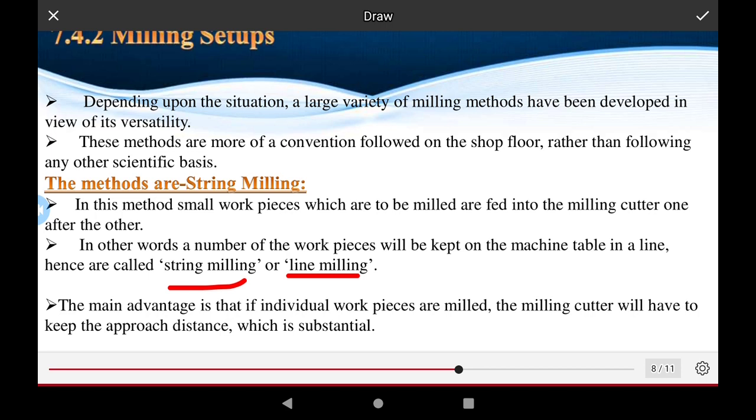The main advantage is that individual workpieces are milled by the milling cutter and operations are performed.